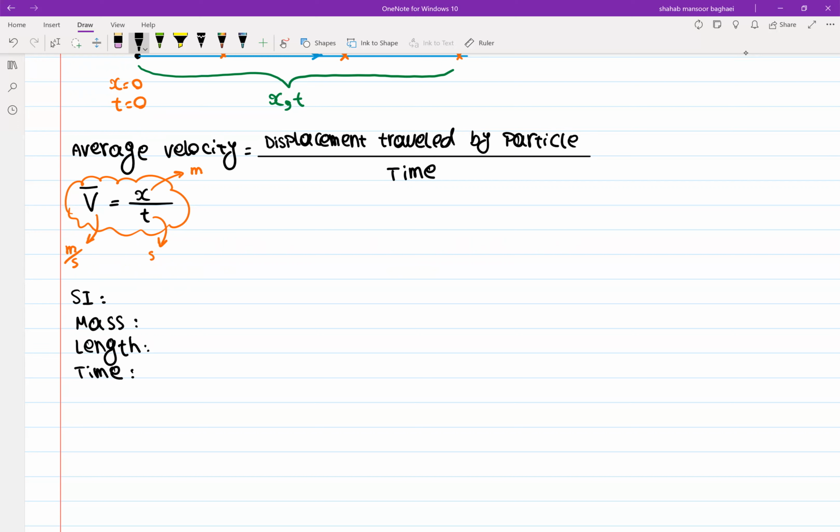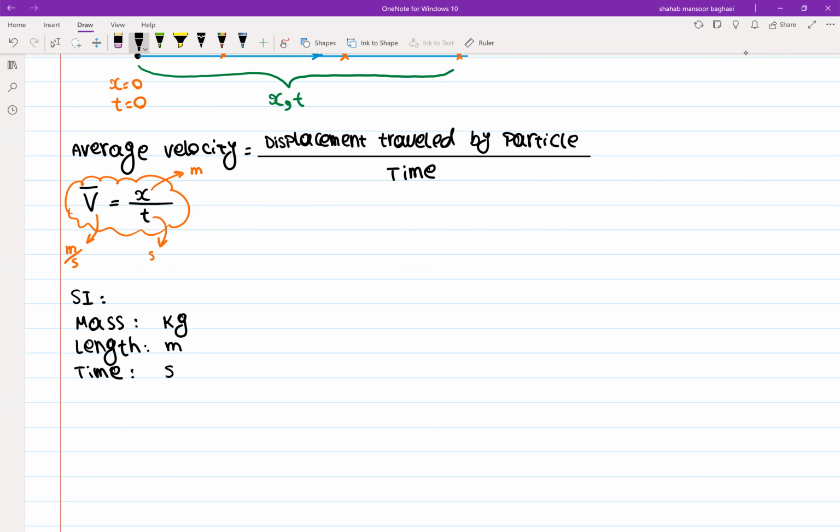In the SI system, the unit of mass is kilograms, the unit of length is meters, and the unit of time is seconds. I'm using SI units here because they are frequently used and very popular.